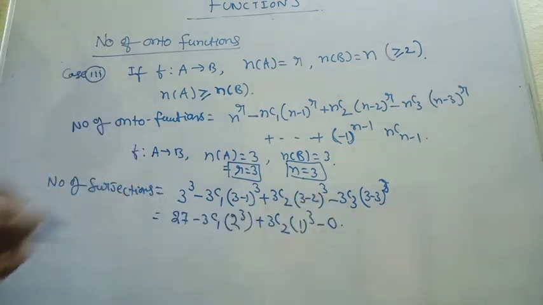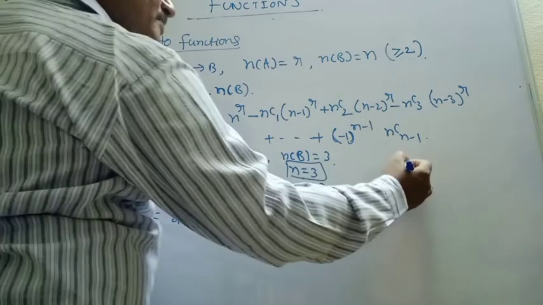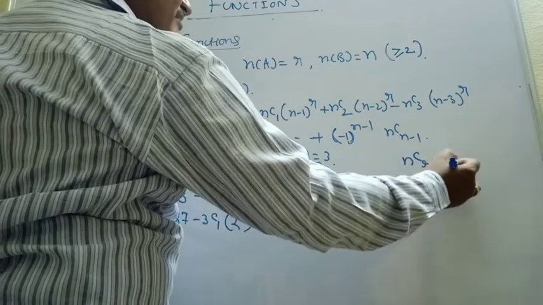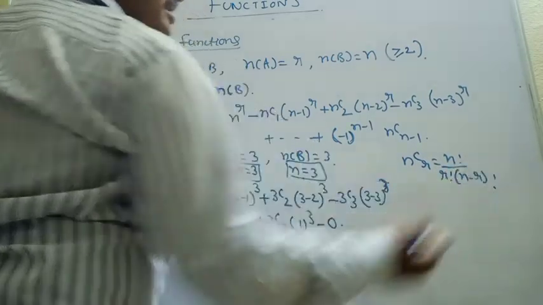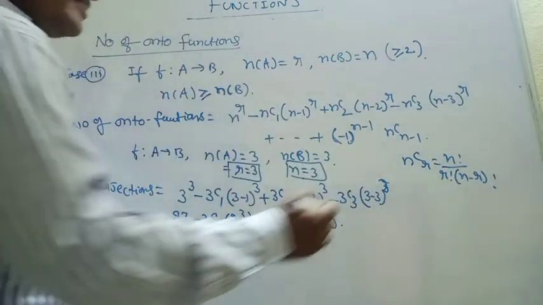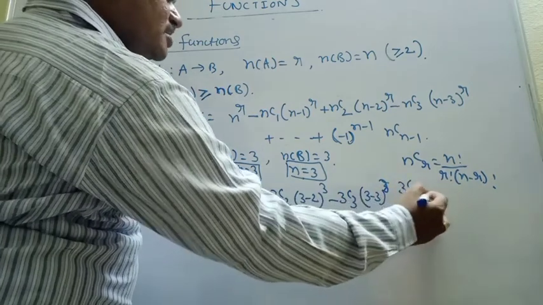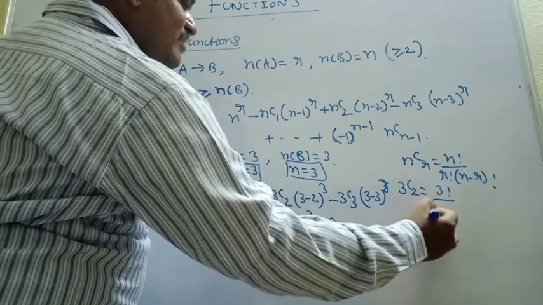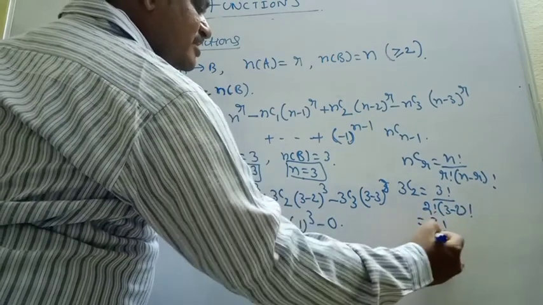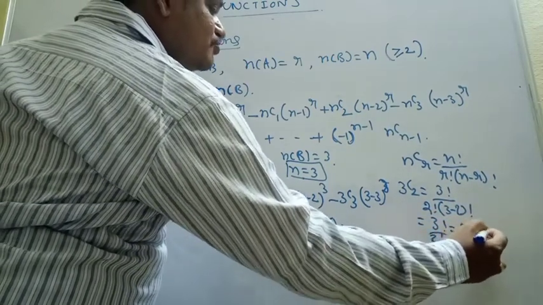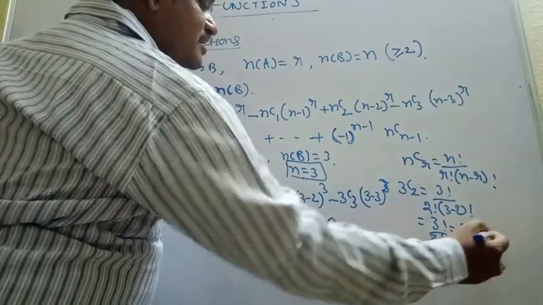And my dear students, you should know there is a formula, the nCr formula, that is n factorial by r factorial into (n minus r) factorial. Suppose I want the 3C2 value, this is 3 factorial by 2 factorial into (3 minus 2) factorial. This is 3 factorial by 2 factorial, that is 3 into 2 factorial by 2 factorial, which you will get as 3.